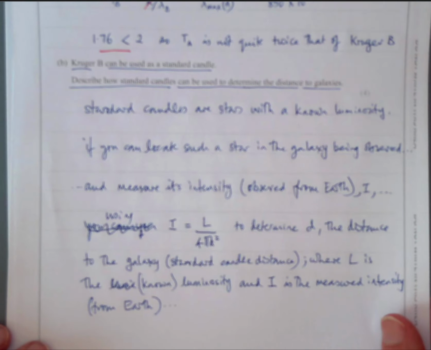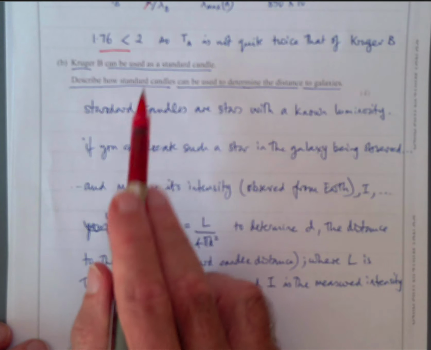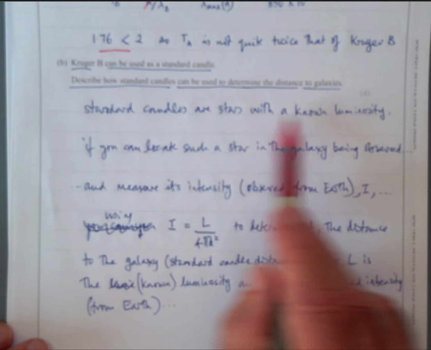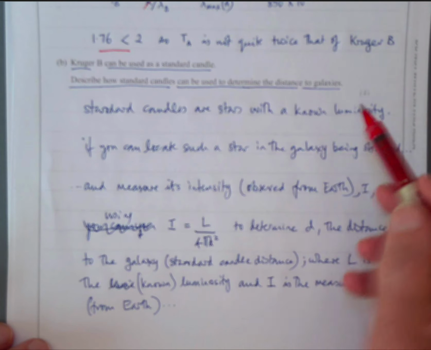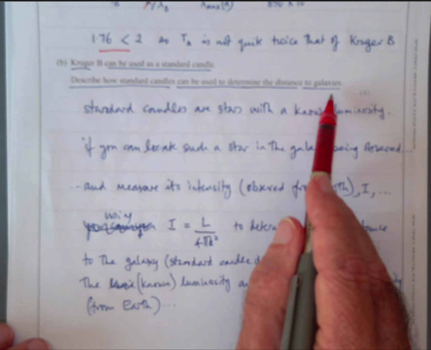We're going to finish this question anyway. Standard candles are stars with known luminosities. Describe how standard candles can be used to determine distances to galaxies.